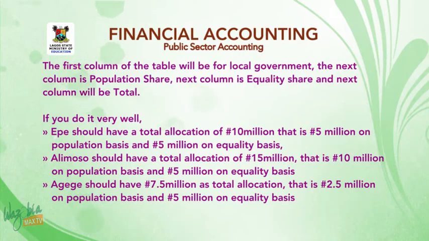Alimosho should have a total allocation of 15 million naira. That is 10 million naira on population basis and 5 million naira on equality basis. Agege should have 7.5 million naira as total allocation. That is 2.5 million naira on population basis and 5 million naira on equality basis.